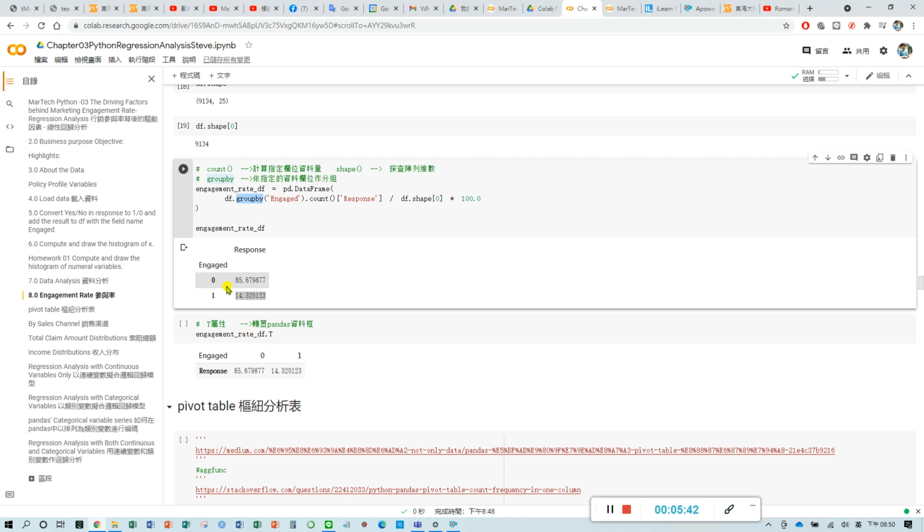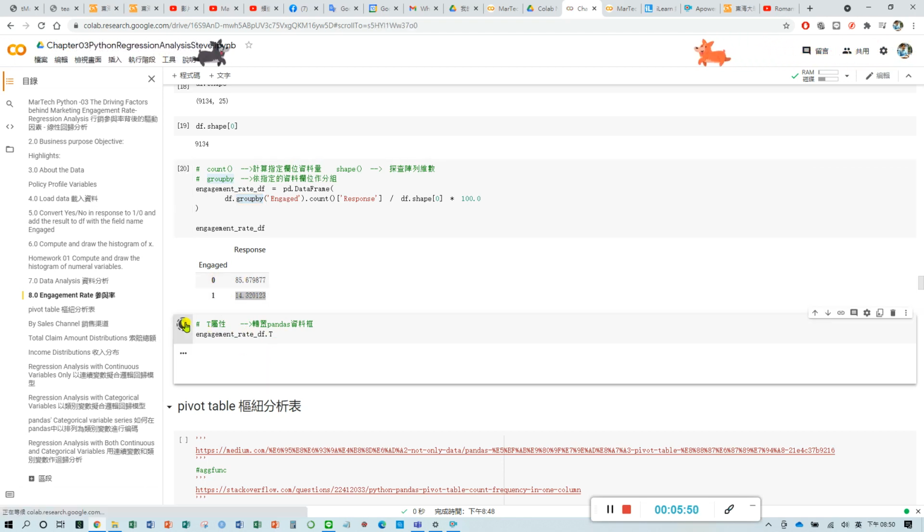We have to transform the rows to columns like this, with .T to make a transpose. So you may see here, it's basically the same.